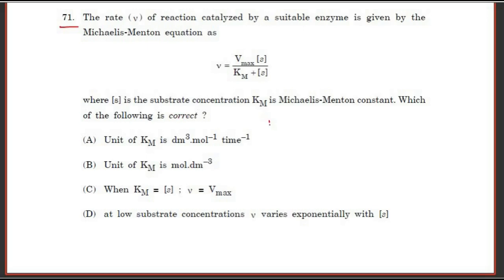Let us take here that Km is nothing but a concentration term, which is equal to mole per dm cube. Hence, this Michaelis-Menten constant is a concentration term. Hence option B is the correct answer.